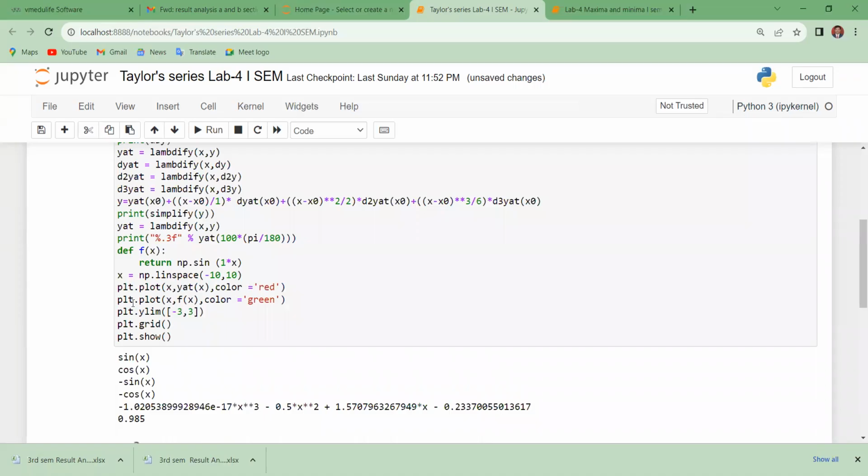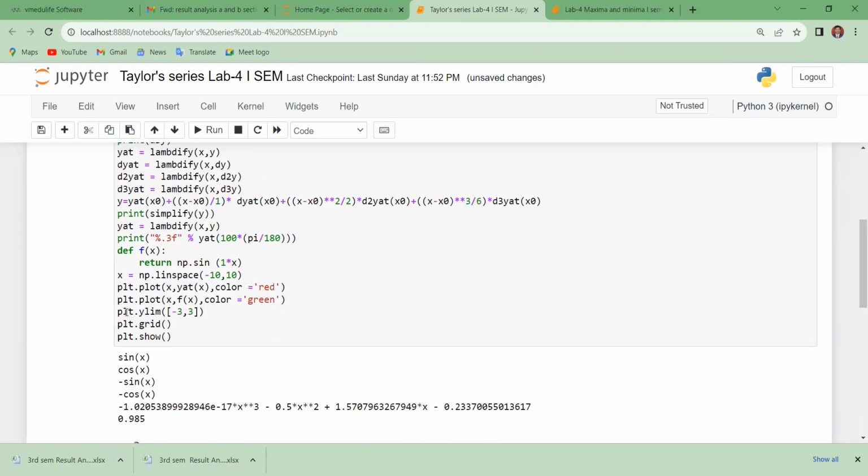Okay, so plt dot plot x, y at x, color in red. So that is what we are finding, the Taylor series value, and that comes in the red color.